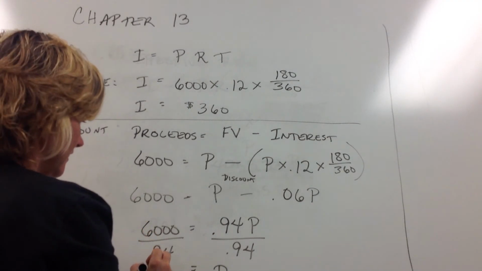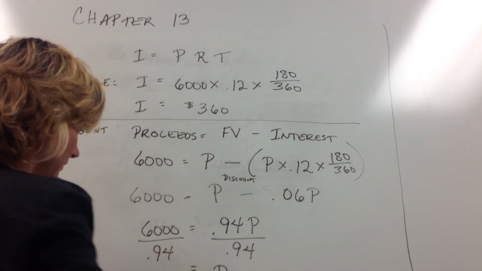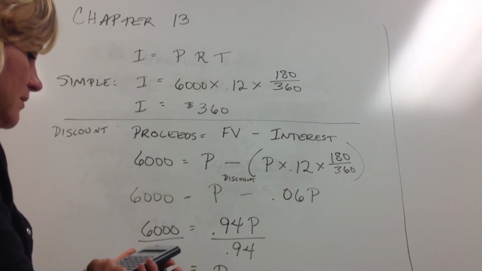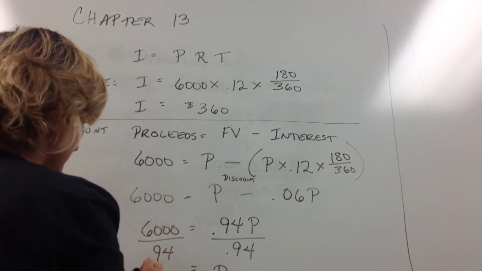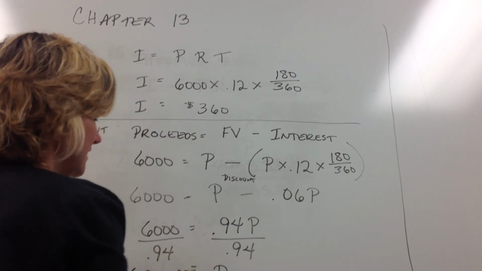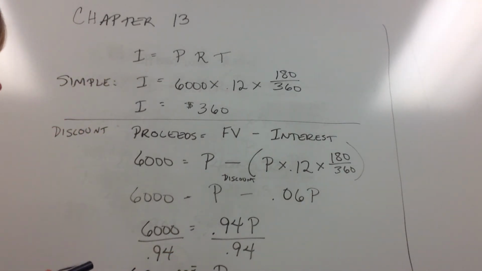And that gives us $6,382.98 that they would need to borrow in order to net the $6,000.